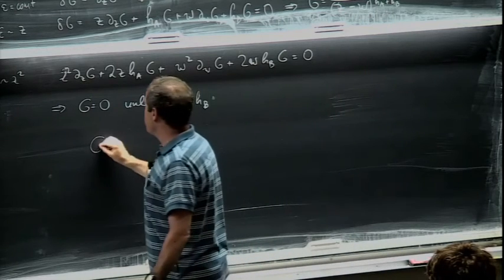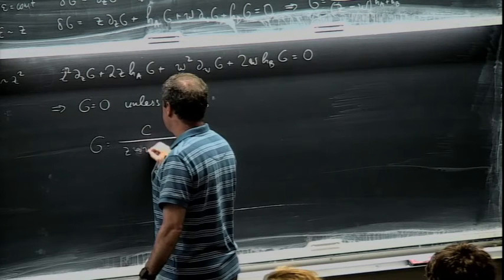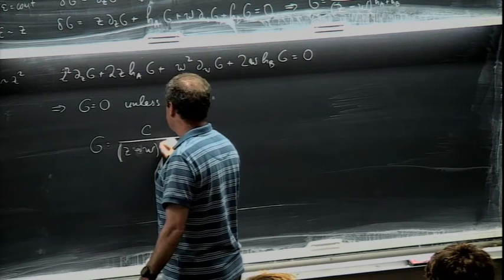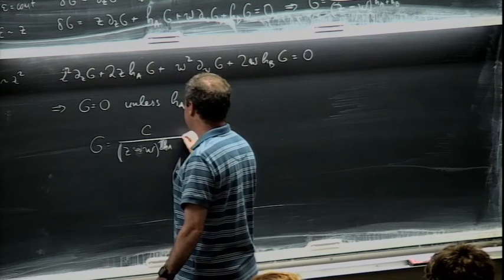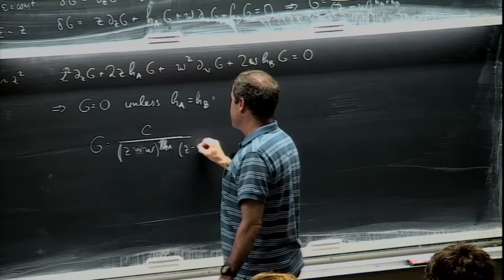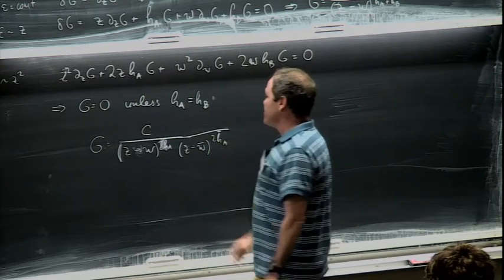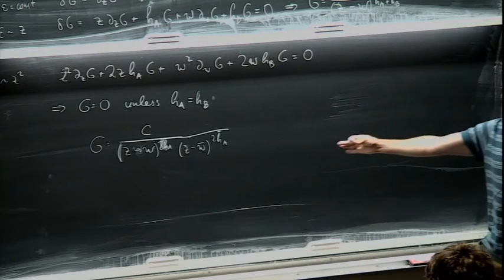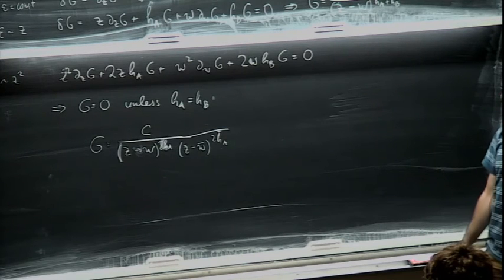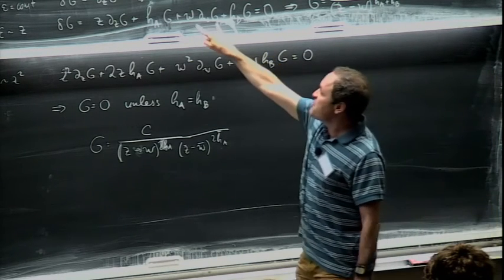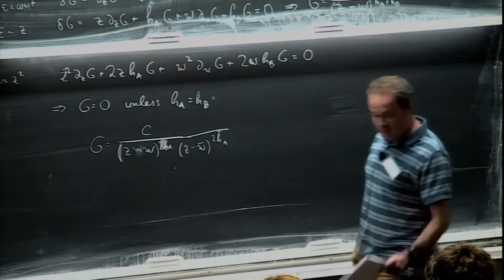And overall G then must look like some constant divided by (Z minus W) to the power of twice h_A, because h_A must be equal to h_B, times (Z bar minus W bar) to the power of twice h bar A. And we don't need to repeat this for the anti-holomorphic sector, because the argument is exactly the same and gives us something which is multiplicative in the holomorphic and anti-holomorphic sectors. This would work for both holomorphic and anti-holomorphic sectors independently if I apply this to this function.